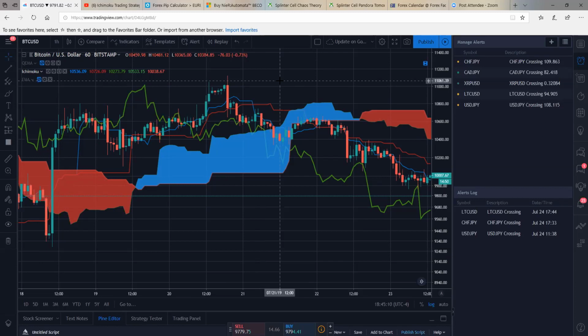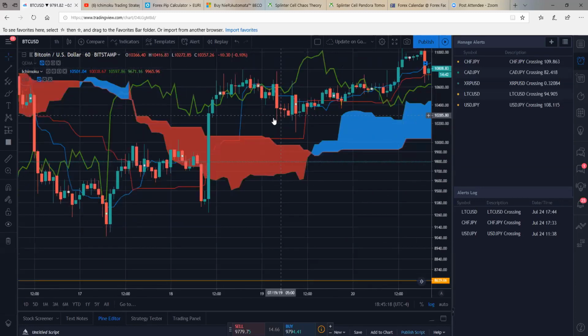Yeah, okay, let's talk about that. When you're trading Forex like this, comparing two different currencies, is there a time limit on the time that you can trade or days? Good question. When you're trading crypto pairs such as Bitcoin, Litecoin, so on and so forth, they are open 24/7, 7 days a week.